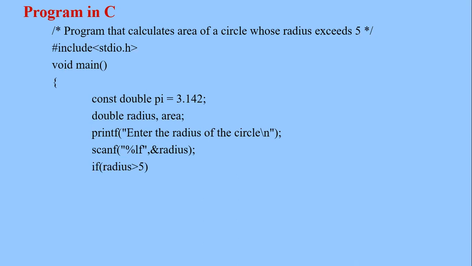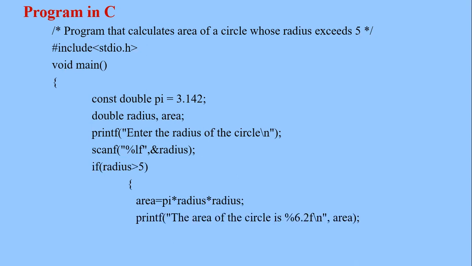Then check if the content of the memory location called radius is greater than 5. Calculate area by multiplying the content of radius with itself and then multiplying it with the content of the memory location called pi, and the overall result, assign it to the memory location called area.